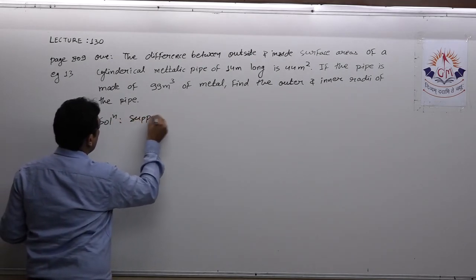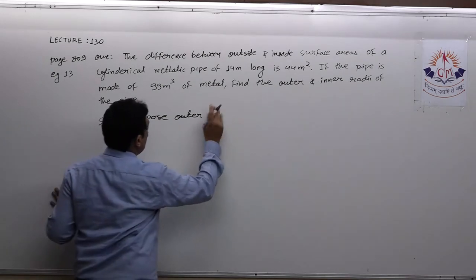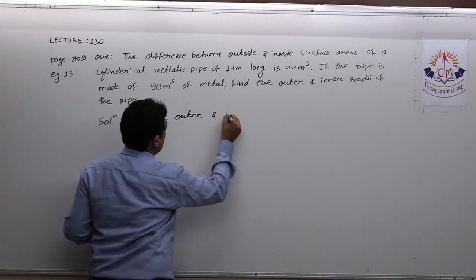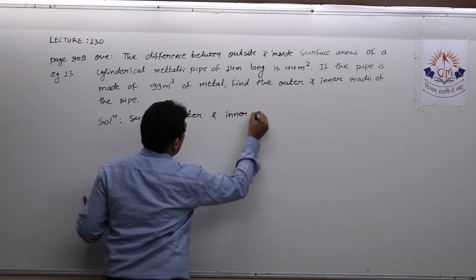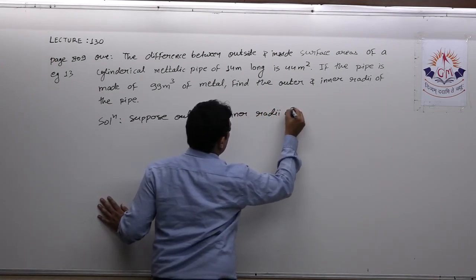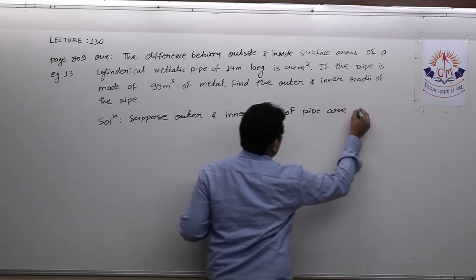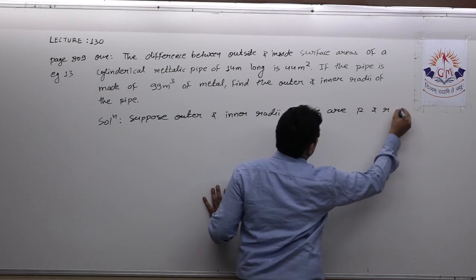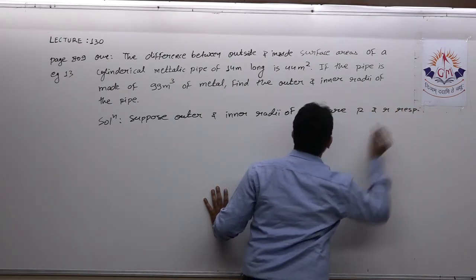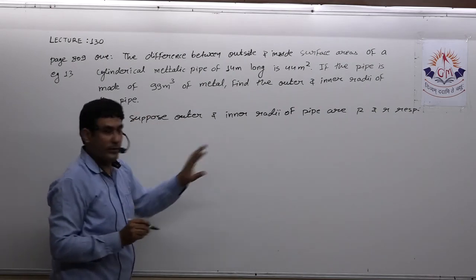Okay, suppose outer and inner radii of pipe are capital R and small r respectively. Now it is given the difference between outside and inside surface area.